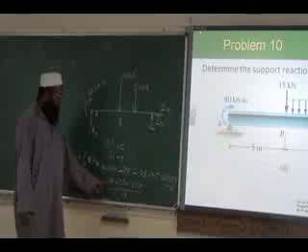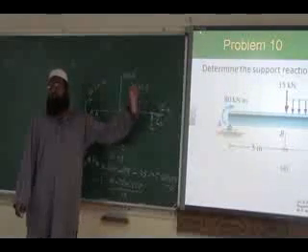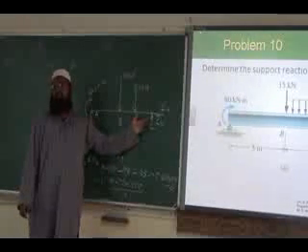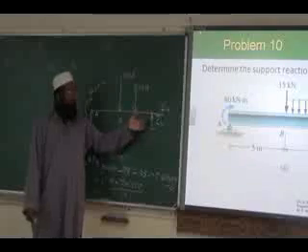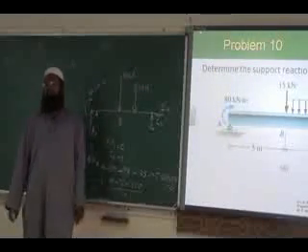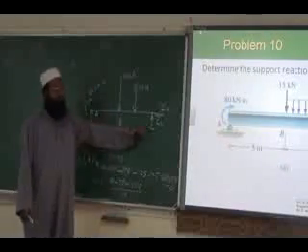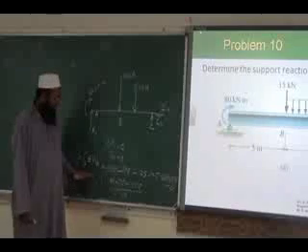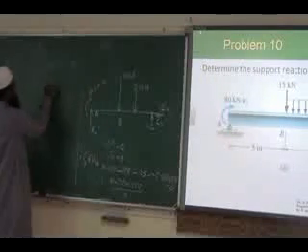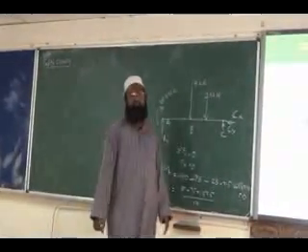Suppose your value is negative, you assumed that Cy is acting upward, so your assumption is to be considered wrong. So if you get a negative value here, then you say Cy is acting downwards, opposite to what we have assumed. Since here it is positive, the assumption is correct. So after finding Cy, you have to consider the sigma Fy equation and find out Ay.